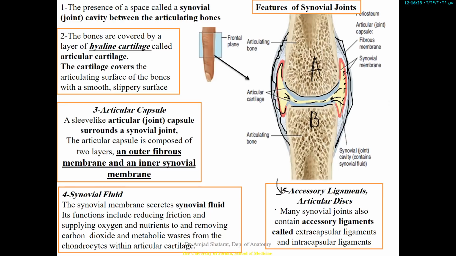So those were the main features of the synovial joints: the presence of a cavity, the articulating bones covered by hyaline cartilage, and the presence of a capsule that secretes synovial fluid, which lubricates and of course facilitates the movement and prevents friction.